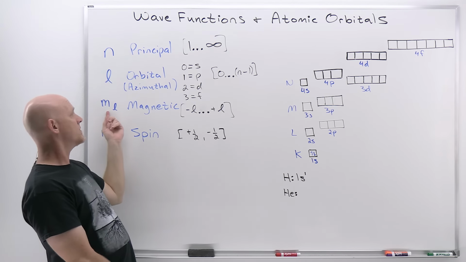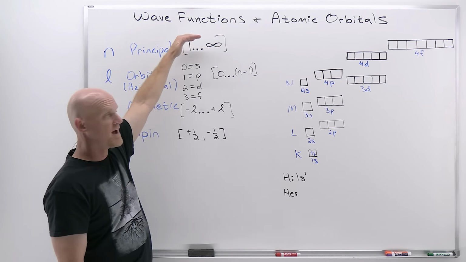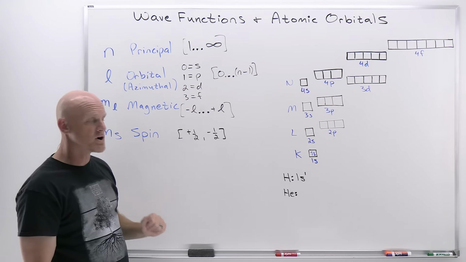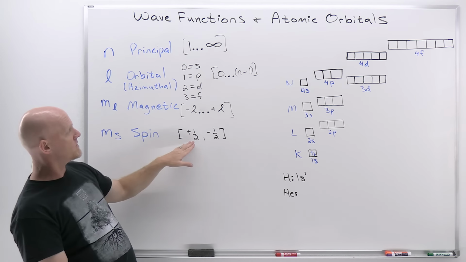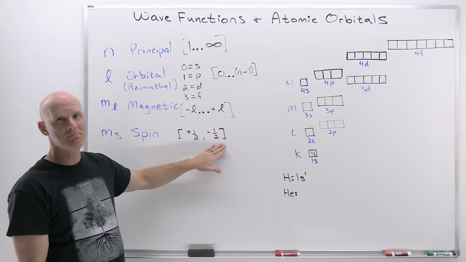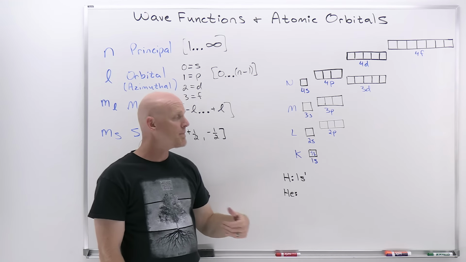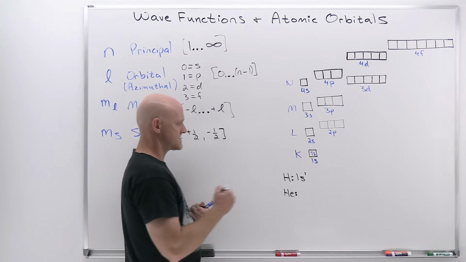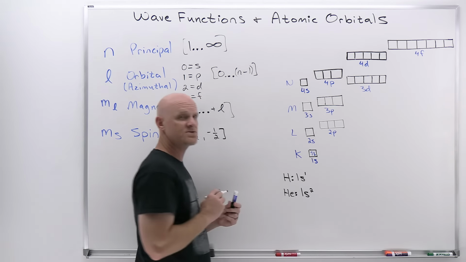When L equals 0, m sub L can only equal 0. And so since they can't have the same 4 quantum numbers, according to Pauli, one of them must have an m sub s value of +1/2 and the other one -1/2. And we diagrammatically represent that with this up arrow and down arrow. So in this case, if we look at the electron configuration, we'd say this is 1s2.